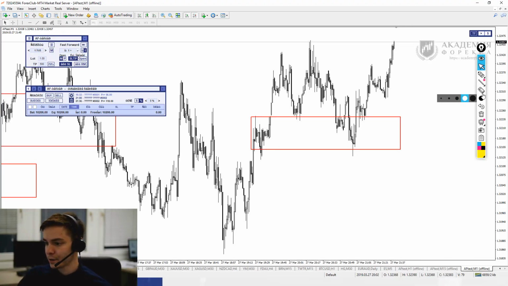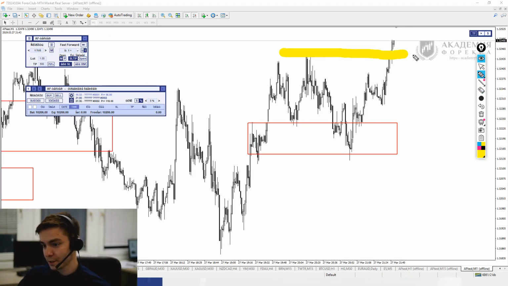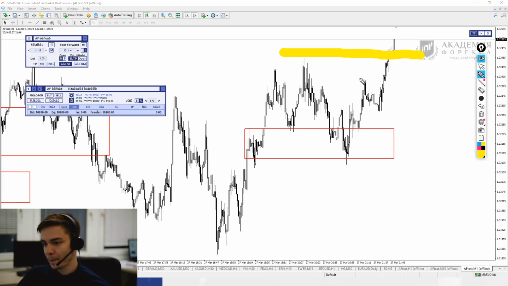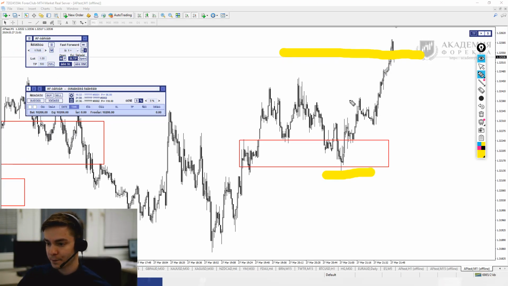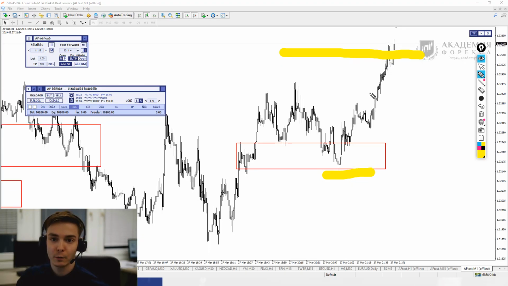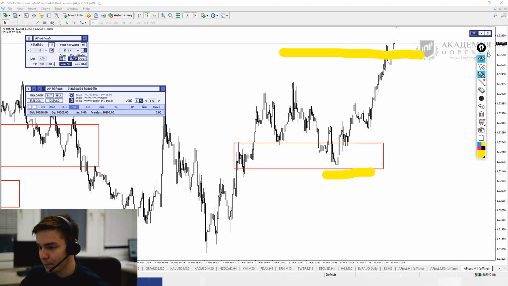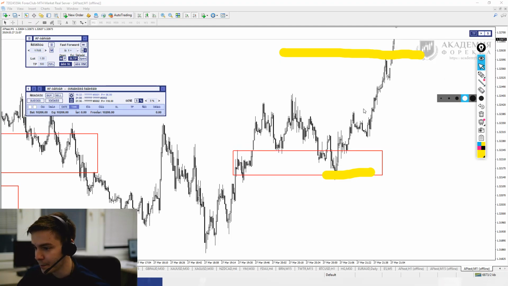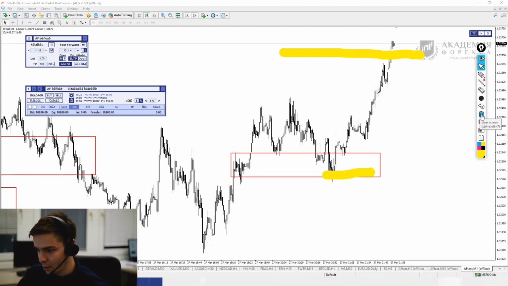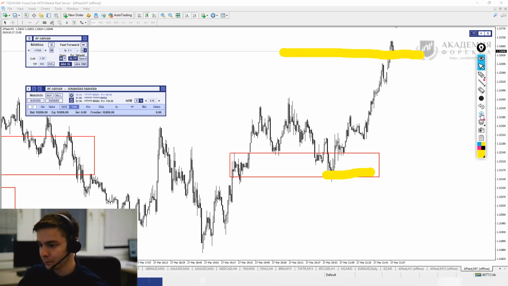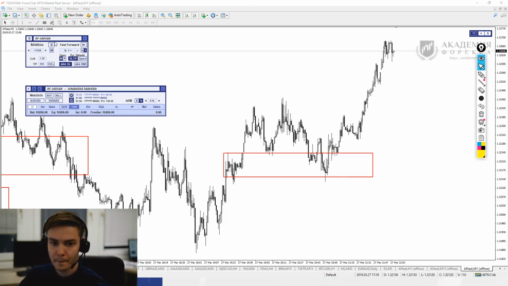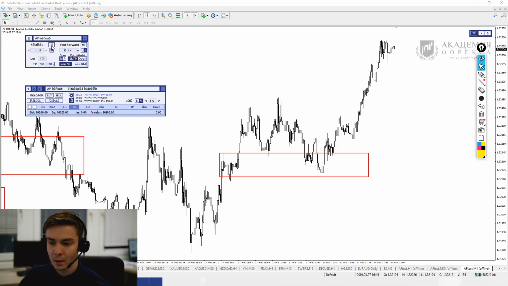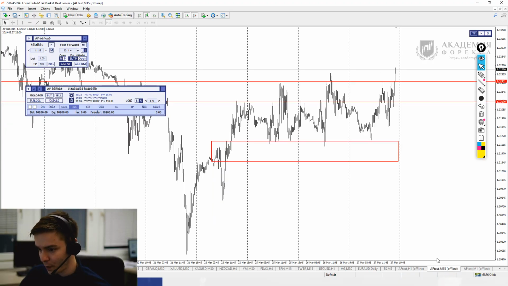The market in the end is able to test this swing and moving up. But our first speculation, the first one-to-one target, was actually hit. Okay, let's look from the higher time frame at what is happening.